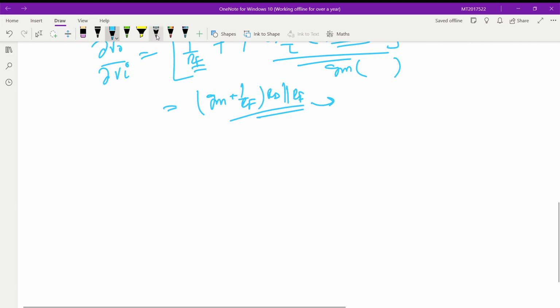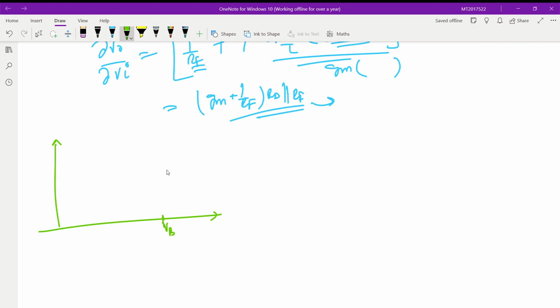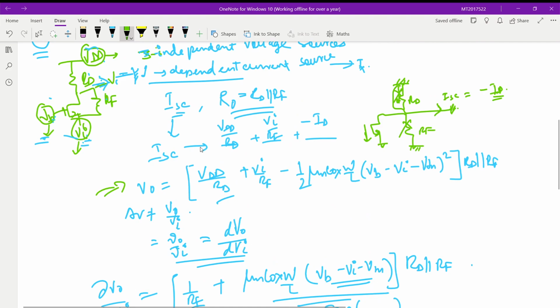So now let me draw the curve again. We have already drawn VB after VB. It's a linear curve. Between VA and VB, if we look at the Vout with respect to Vin here, it's non-linear.